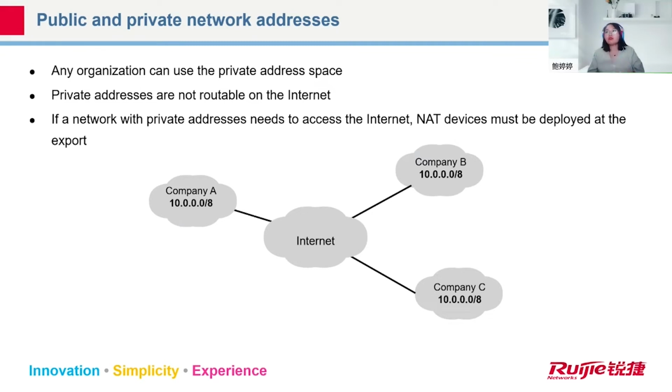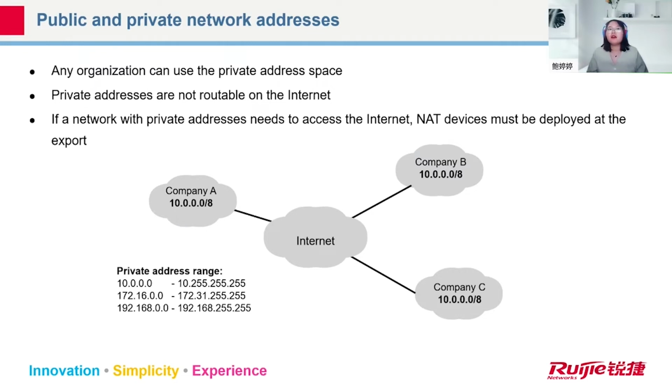So we have to know which IP addresses are private. These three segments you can also use on your network, it doesn't matter. But if you want to visit the internet, you have to apply for a public IP address from the ISP for your network, and then you can use NAT, network address translation, to make the private become public.